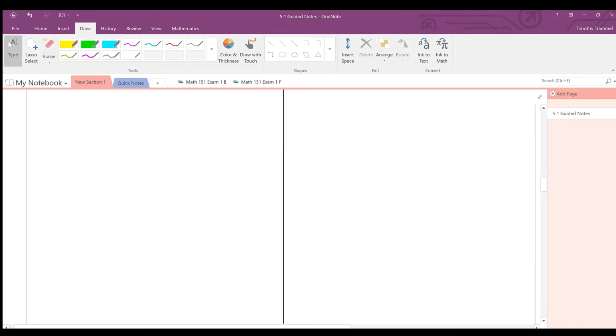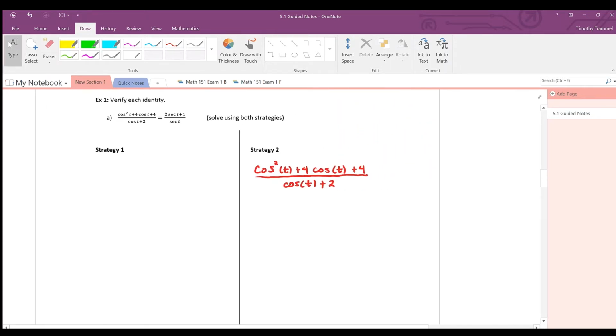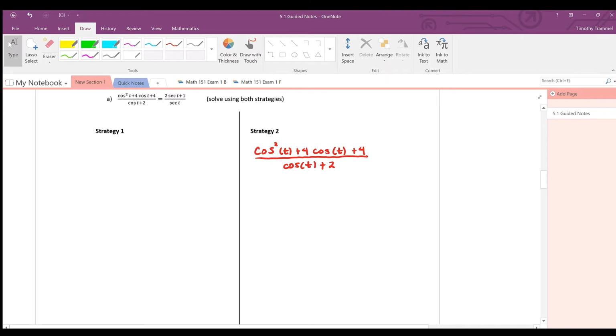And so the other thing we could do is we could take that other side, which maybe I'll zoom out just a little bit here. We start with this other side, the 2 secant of t plus 1 over secant of t.